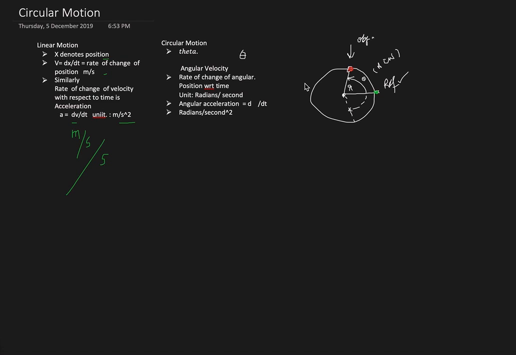When a particle is in circular motion, it will have some tangential velocity. The tangential velocity is represented by the blue arrow over here, and it represents the component of velocity that is at 90 degrees to the line joining the particle and the axis of rotation. One thing to note is that the axis of rotation, suppose, is outside the plane.